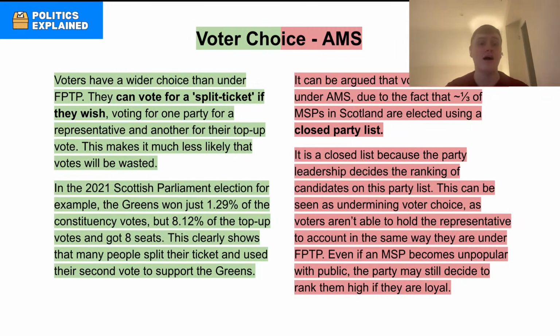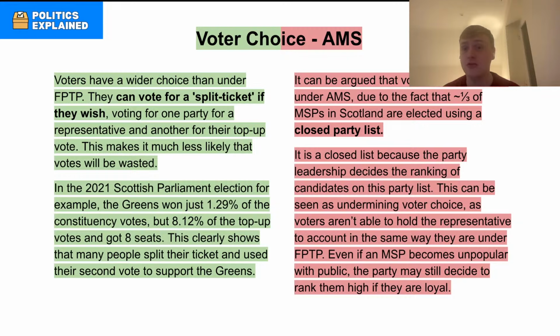And this means that votes are much less likely to be wasted because you also get that top-up vote for the party you really want to support. In 2021, for example, the Greens won just 1.29% of the constituency votes, but 8% of the top-up vote. And this shows that many people split their ticket and voted for two parties. And they also supported the Greens along with another party.